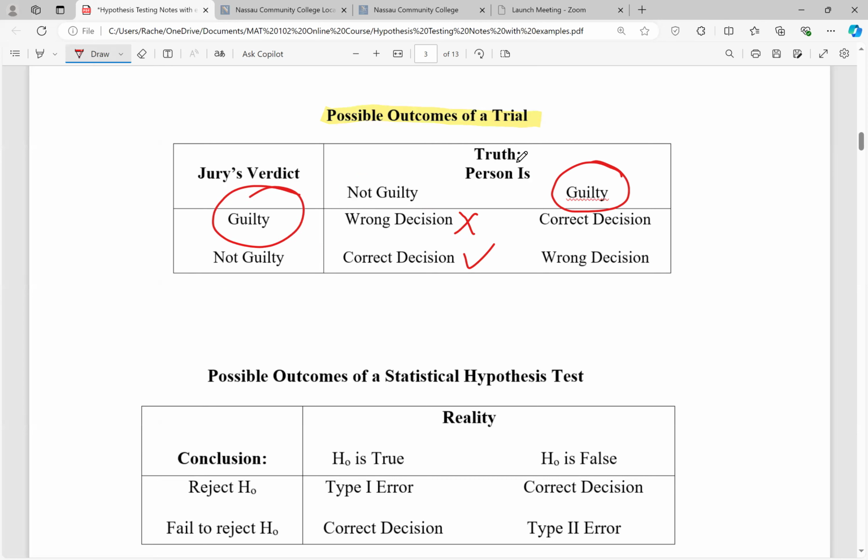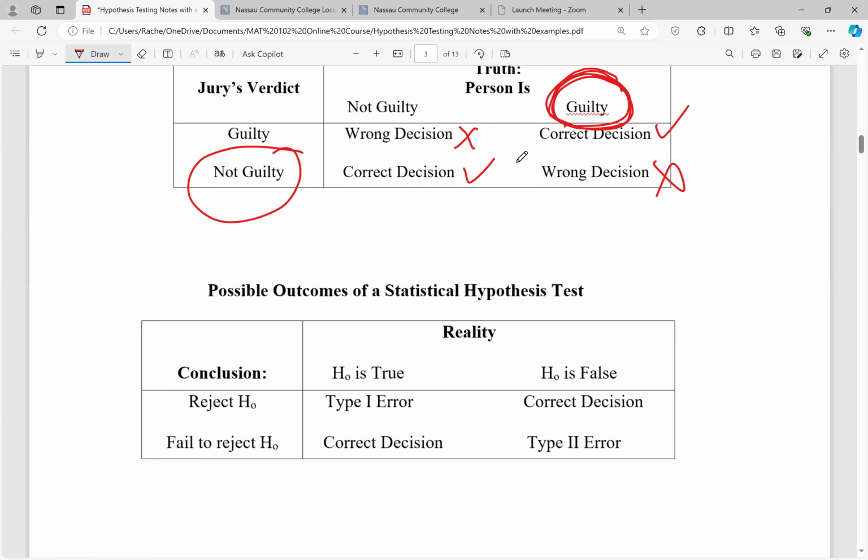The match was made. It's correct, right? Guilty person found guilty, correct decision. But what if in reality the person is guilty and the jury comes back and says not guilty? That doesn't match, right? Wrong decision. So there's two possible wrong decisions that can be made, right? And there's two possible correct decisions.